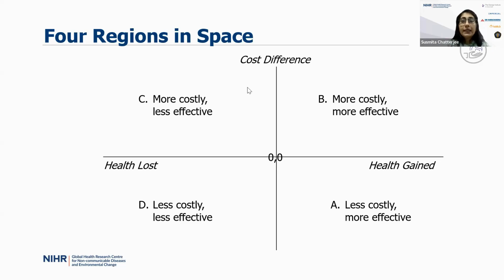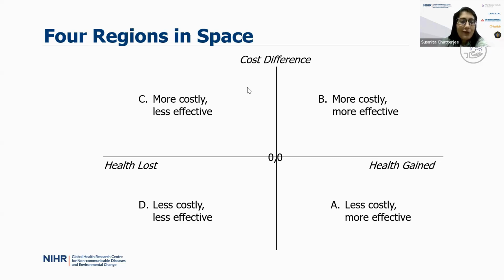It can be less costly but more effective. It can be less costly, less effective. It can be more costly, less effective, right? You just think about it: you will have all these four options, for each of your interventions, whatever the number of interventions you have. Now, A, B, C, D are my four options where the new intervention can lie.